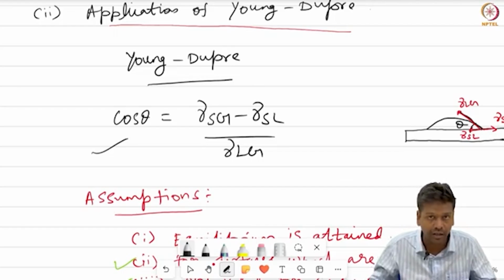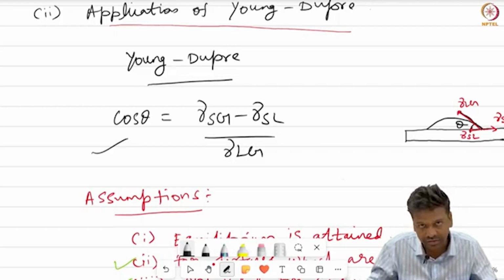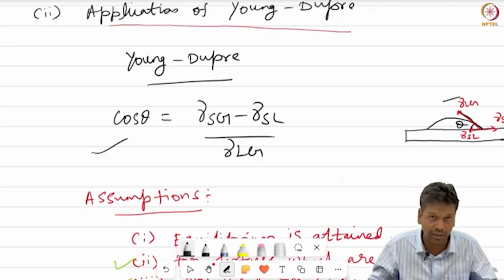Using it, one can understand the nature of the surface by evaluating the three-phase contact angle, which is given in this schematic. This is the three-phase contact angle because at this juncture all three phases exist: solid-gas, solid-liquid, and liquid-gas. That's why we call theta, measured at this juncture, the three-phase contact angle.